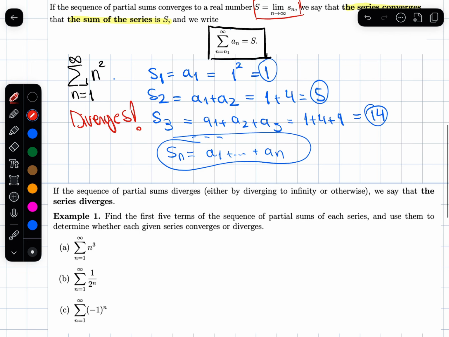That's the other piece of nomenclature you have to be able to use. Whenever the sequence of partial sums does not converge as a sequence, we say that this series diverges, and in this case, there is no sum for me to find because the series itself does not converge.